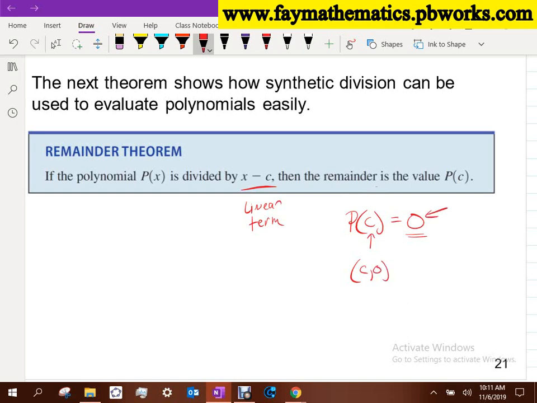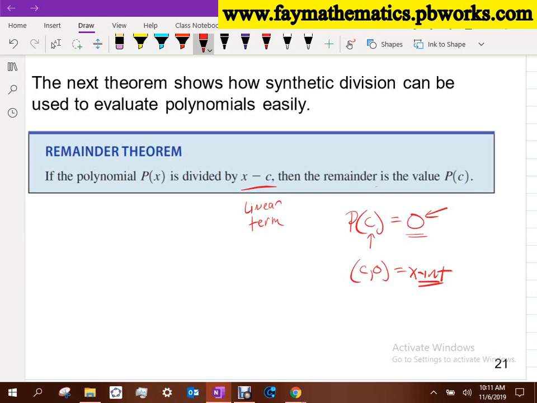So if I have the ordered pair c comma 0, isn't that an x-intercept if the y value is 0? Does that make sense? So that's what we're looking for. That link right there is going to help us realize that when our remainder is 0 in the synthetic division, that means if you evaluate your function at the c value that you used and got 0 back, I must admit that you're now looking at an x-intercept.